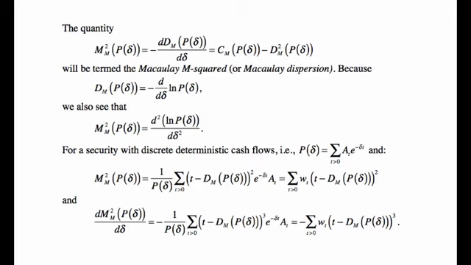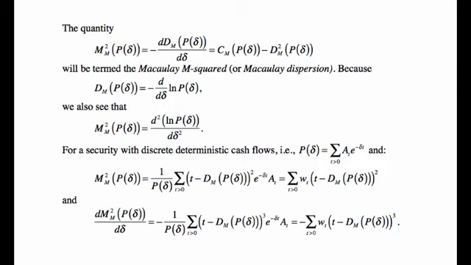The quantity appearing inside the formula, convexity minus the square of Macaulay duration, which we actually don't have exactly in the previous formula, but if you move one of the expressions to the other side, you get this. So the quantity written as m squared, which is minus the derivative of the Macaulay duration with respect to delta, based on what we just did, is equal to Macaulay convexity minus the square of Macaulay duration.